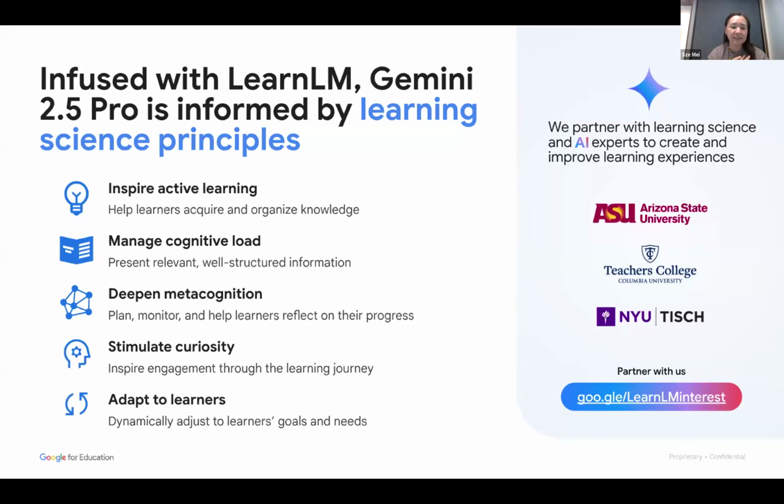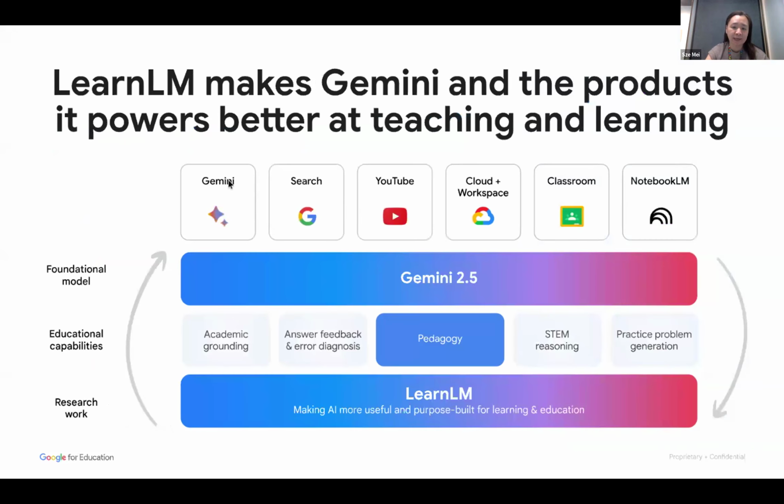So it's inspired by active learning, manage cognitive load, deepen metacognition, stimulate curiosity, and adapt to every learner's goals and needs. Right. So when we have our tools like Gemini and NotebookLM, which is extensively used, it is powered by the LearnLM language model.